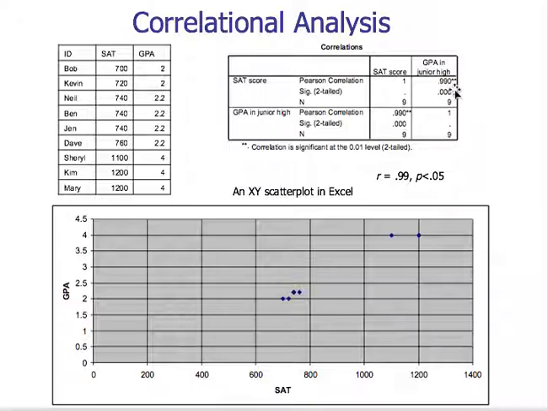I never get such high correlations in my work. And the p-value, or significance, is less than 0.05. So this just gives you a brief reminder of what an SPSS output looks like when you do correlational analysis. If you're doing it for your class, you might find it helpful to see this.